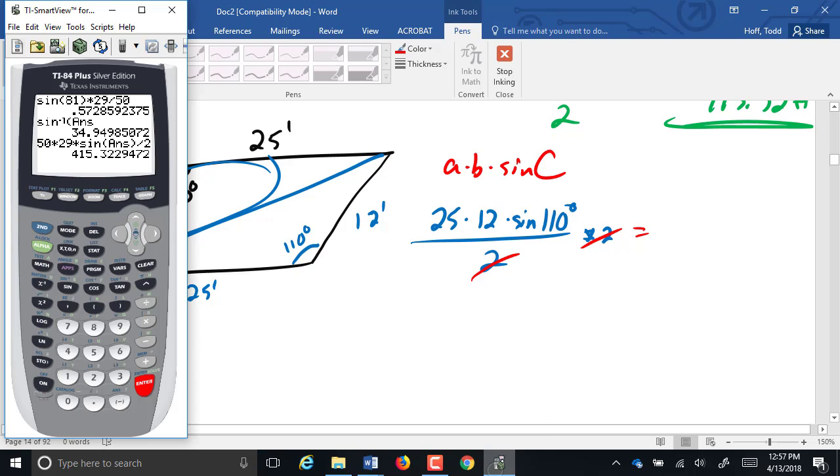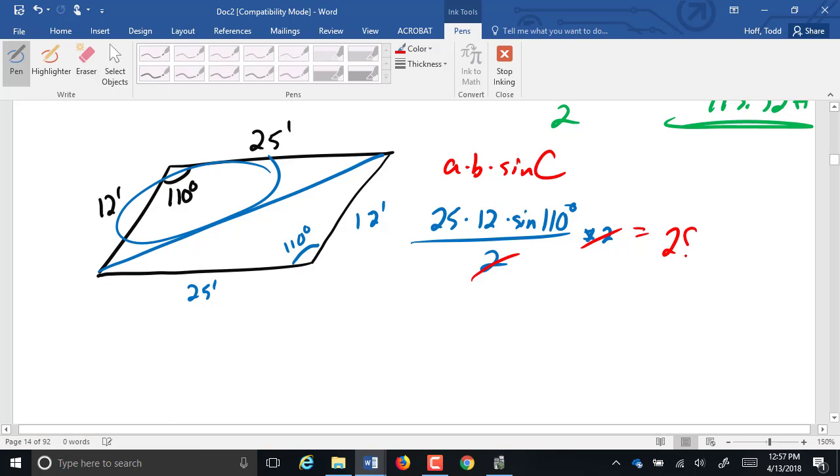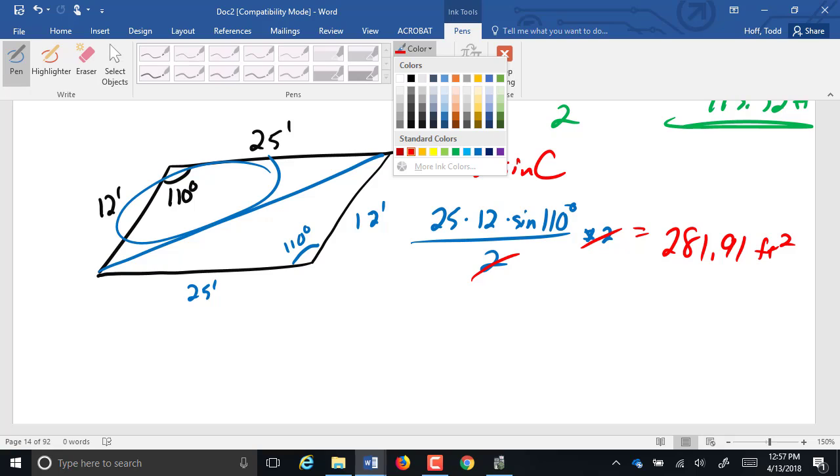So, what do we get here? Oops, 110, not 100. Giving us 281.91 feet. Well, okay, here's the big question for you.